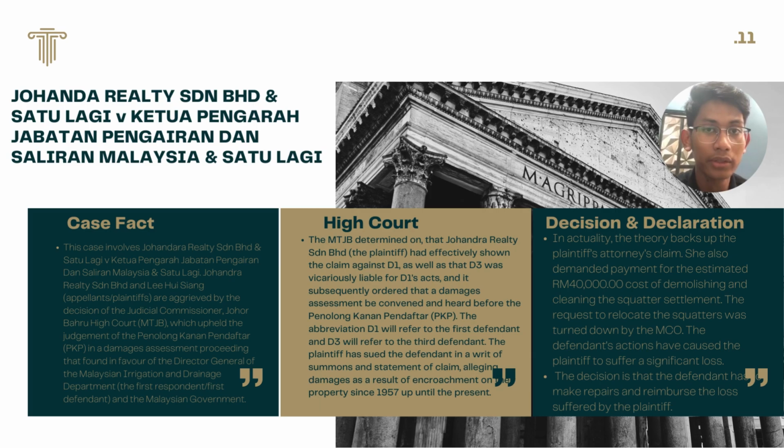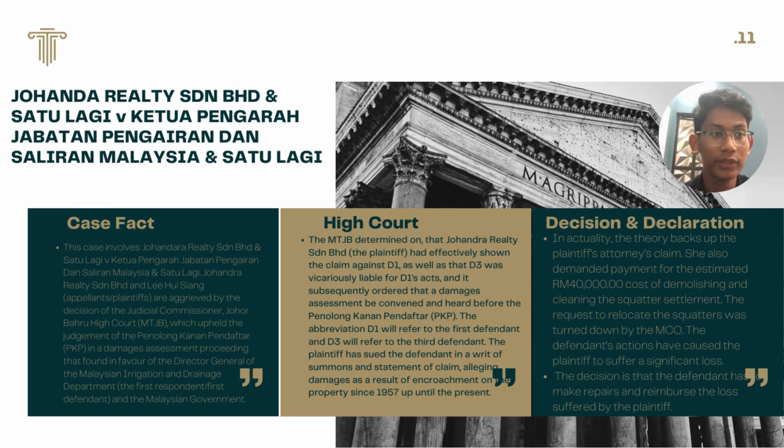So the High Court determined that Johanda Realty Sdn Bhd, the plaintiff, had effectively shown the claim against D1 as well as that D3 was vicariously liable for D1, and it subsequently ordered that a damage assessment be convened and heard before the Penolong Kanan Pendaftar.